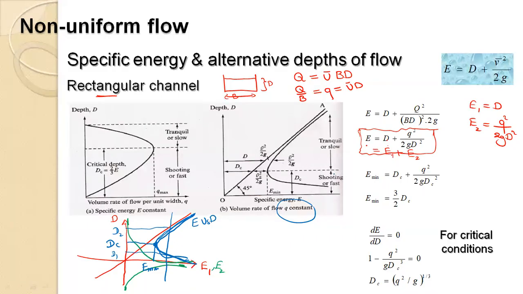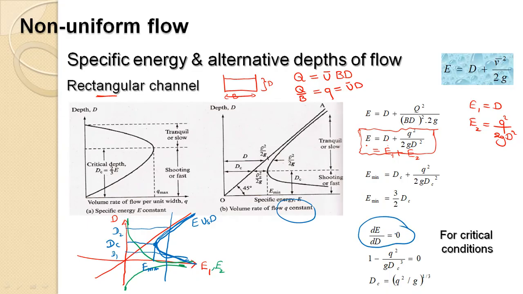Now, how do we find the minimum specific energy or the critical depth? The specific energy is given by E equals D plus Q squared divided by 2G D squared. The minimum means the derivative has to be equal to 0.